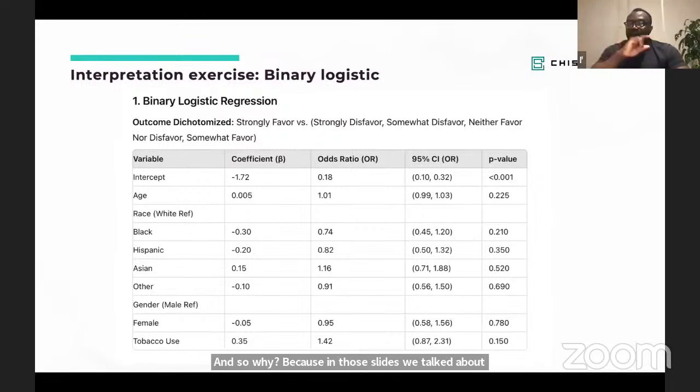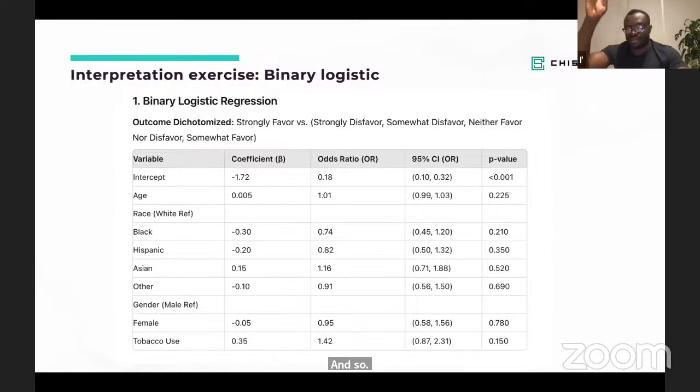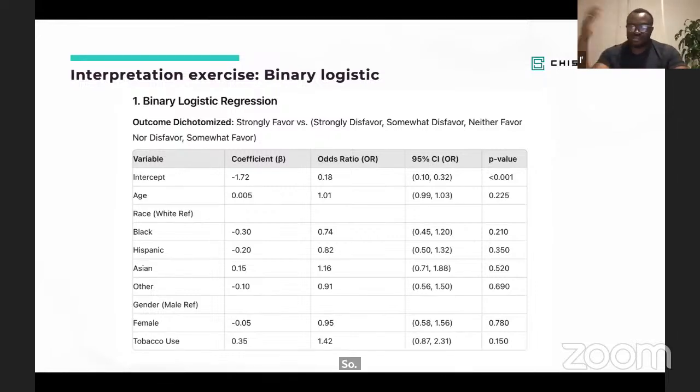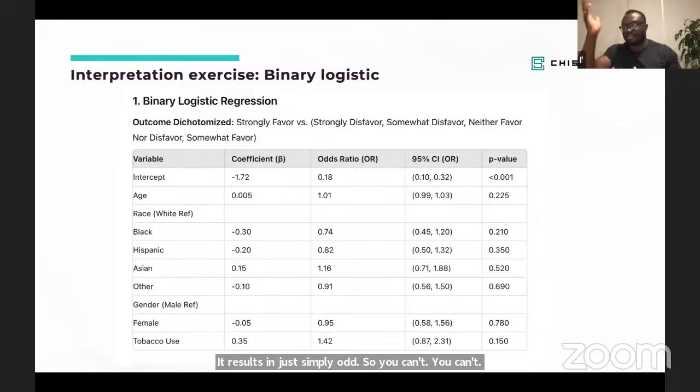But essentially you have probabilities canceling each other. The probability at the top, probability is the same thing as likelihood. So the ratio of two likelihoods results in just simply odds. So you can't express an odds as likelihood because the likelihood at the top cancels the likelihood at the bottom. And so odds are just odds.